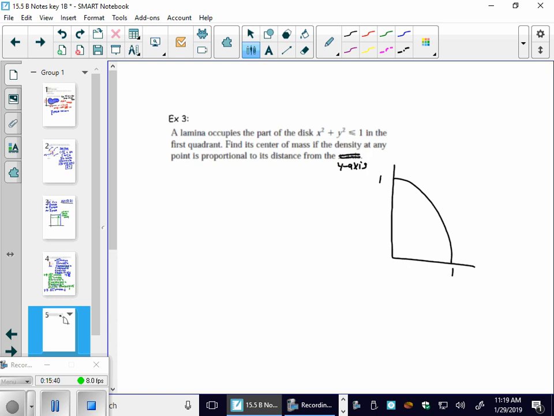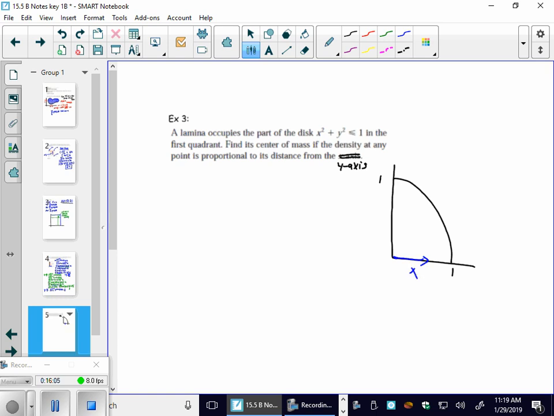All right, so let's see. Find the center of mass. Well, we know we're going to need mass. If the density at any point is proportional to its distance from the y-axis, well, the distance from the y-axis at any point is just going to be an x value. No matter how far out from the y-axis we go, that's an x value.